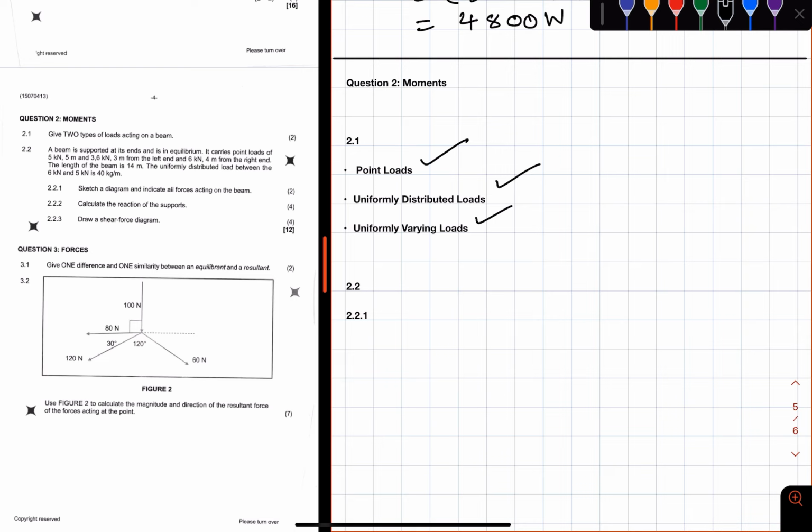But as you progress with moments, probably if you get to do strength of materials and structures, N5, you might deal with uniformly varying loads, right? So any 2 of the 3 that I've given you here would be the right answer, right?